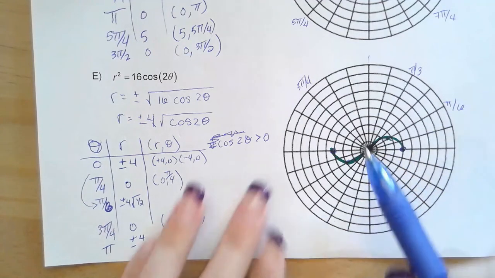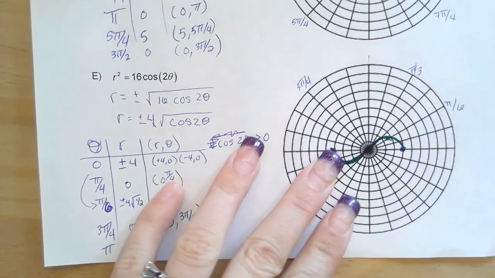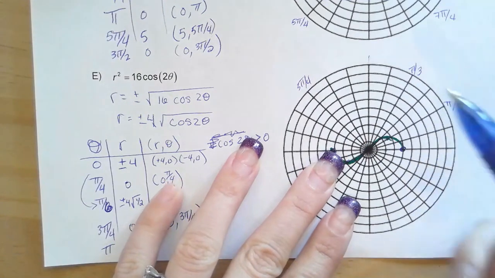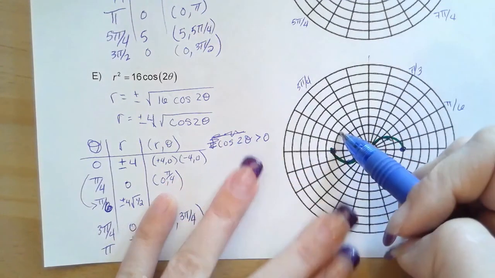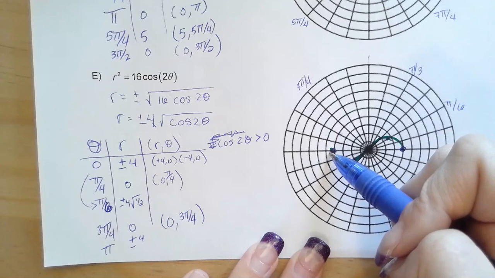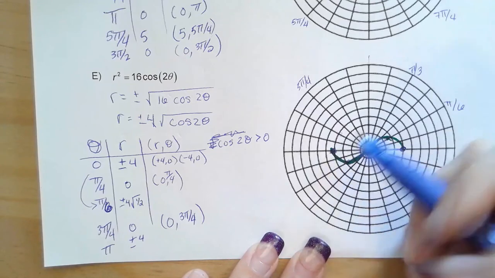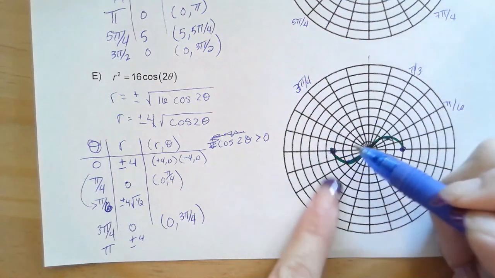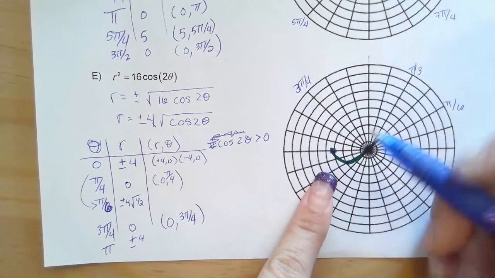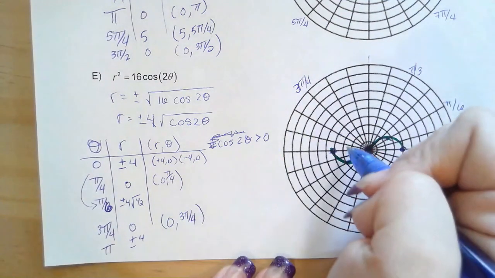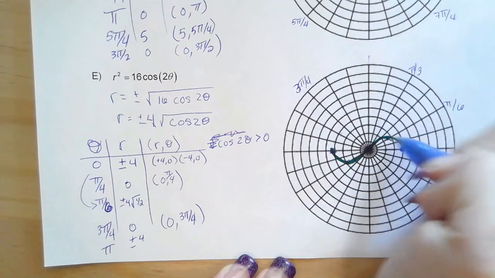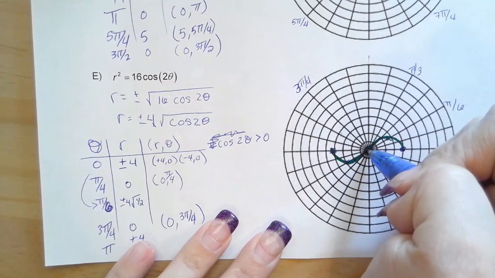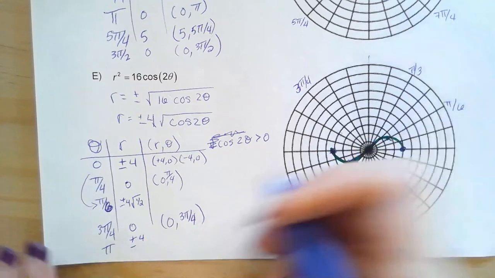Now, what happened between this 3 pi over 4 and this pi? Well, let's try. Did I just say 5 pi over 4? I meant 3 pi over 4. Can't read my own handwriting, guys. So let's try what happened at 5 pi over 6, because I want to know what happens here. Something has to come back to that 0 and come back to that 4.